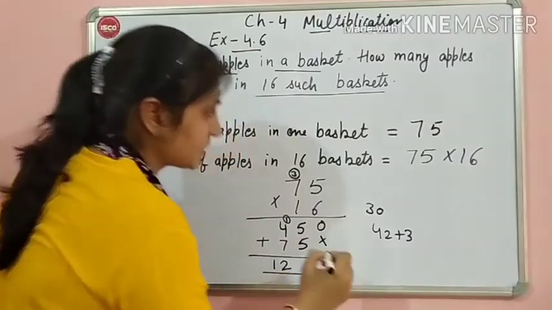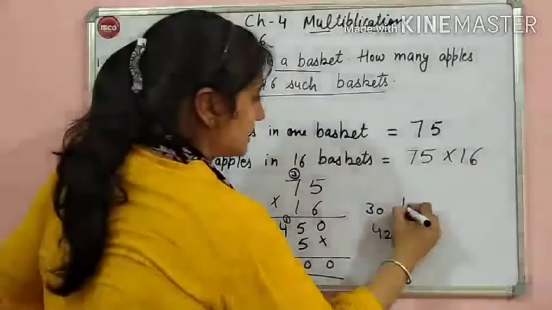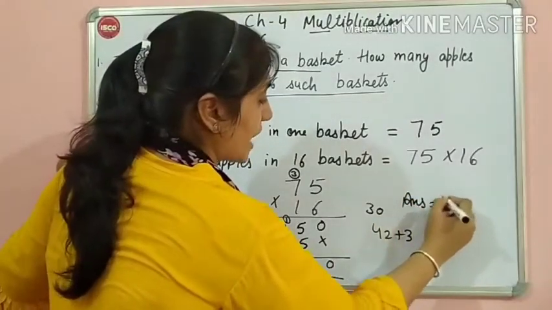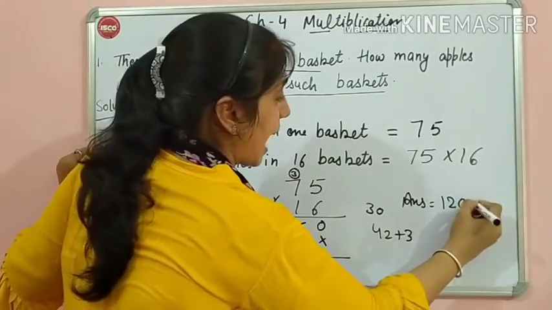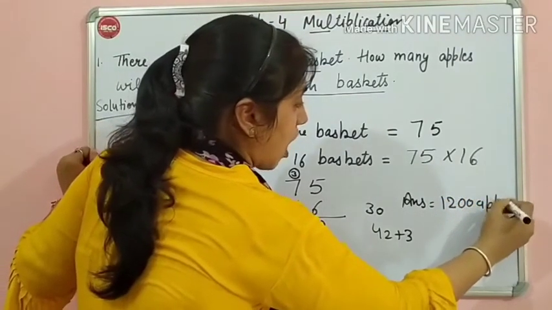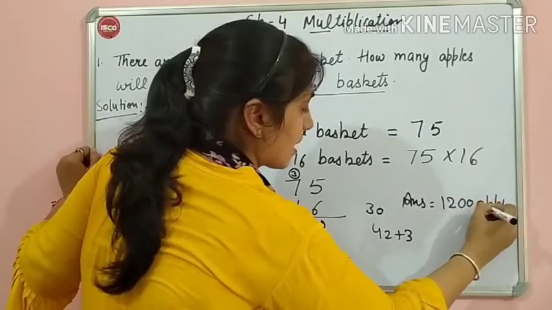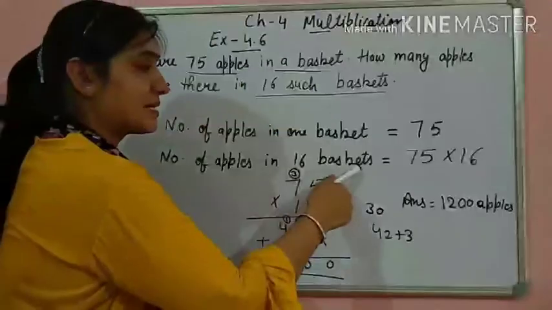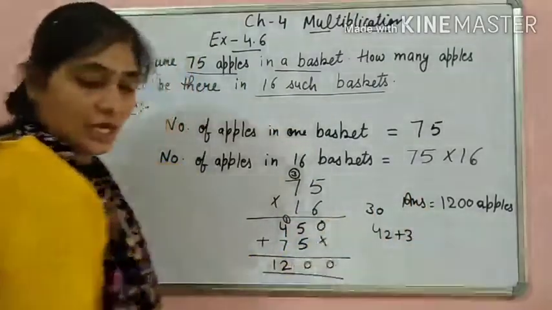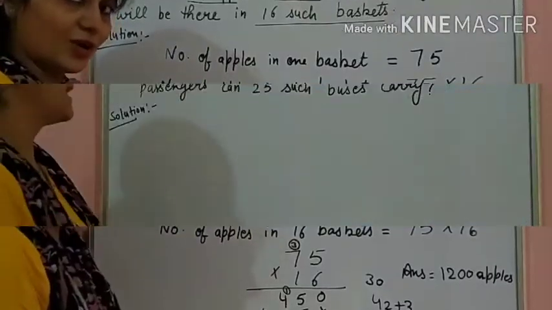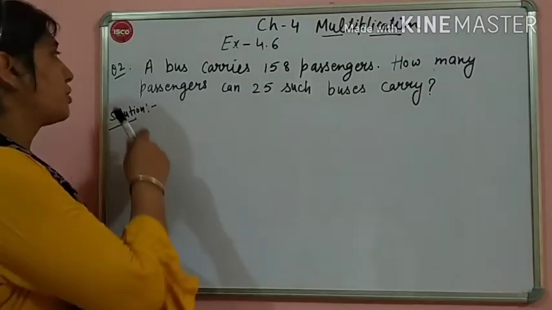So students, your answer is 1200 apples. How many apples are there in 16 baskets? Yes, 1200. Okay. Come to question number 2.